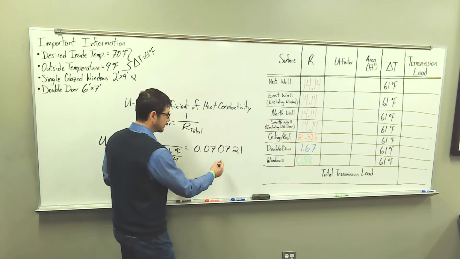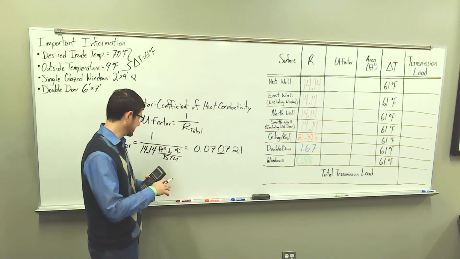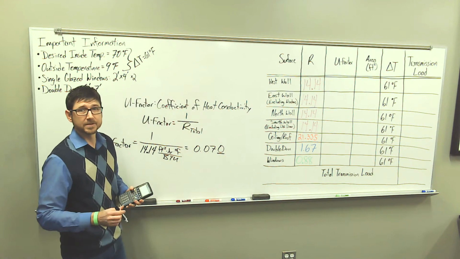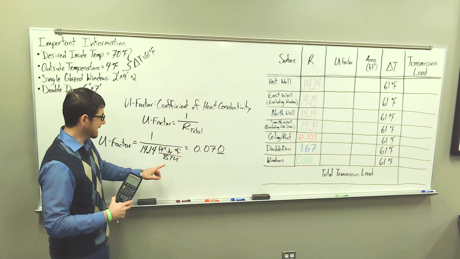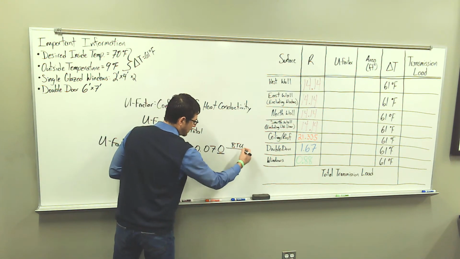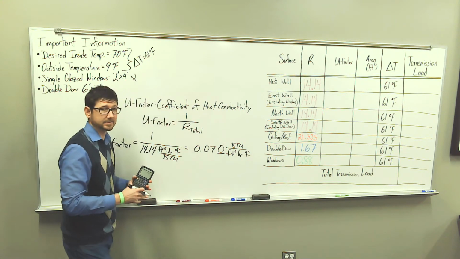So what we're going to do is keep the value in the thousandths place, and drop everything else, okay? So my value is 0.070, and our units here are BTUs per foot squared hour degree Fahrenheit, okay?